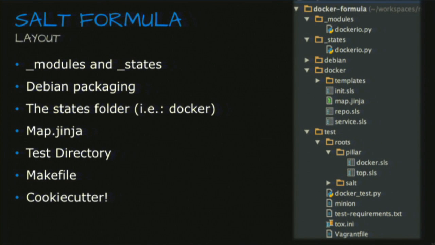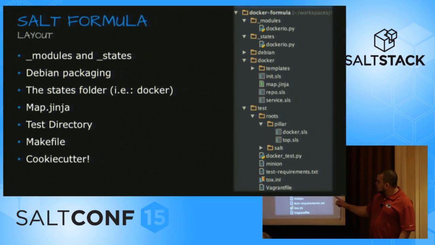And what's in this test directory are a few things that help us build and test these projects. It helps the developer test them locally, as well as make a reproducible automated test that can be performed on a build server. In this test directory, we have pillar data that we use for executing the test.